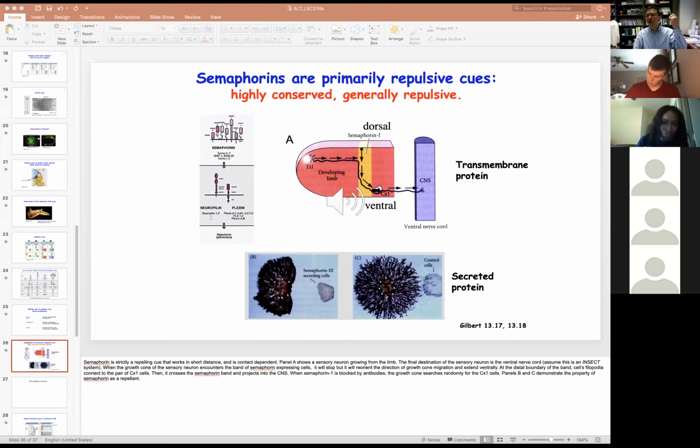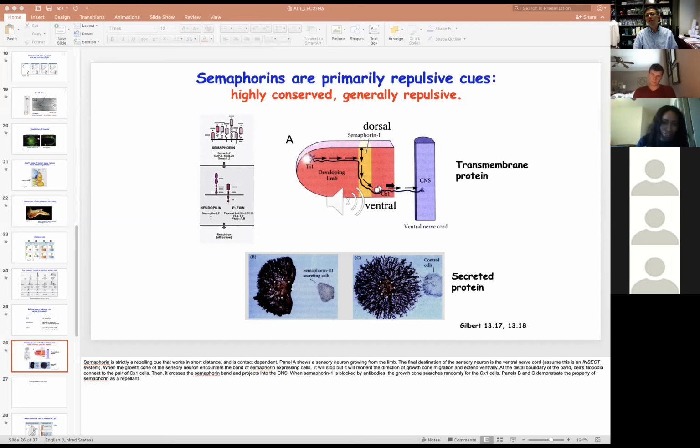It is basically producing some kind of attractive cue. When the Ti1 neuron hits this area, coming down to the distal end of the ventral side, then they cross it, and they keep on migrating.